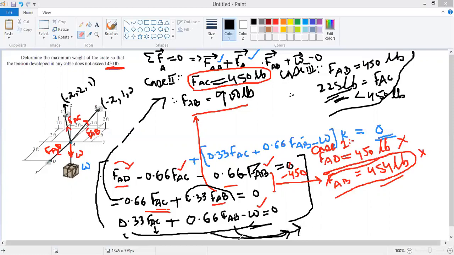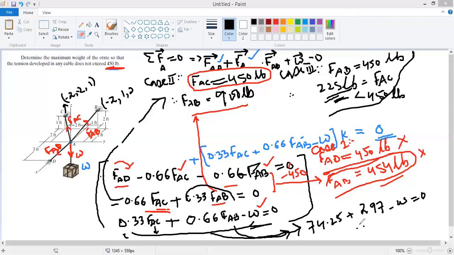So 74.25 pounds is the first term, plus 0.66 into FAB. FAB is 450, so 450 multiplied by 0.66 is 297 pounds, minus W is equal to 0.